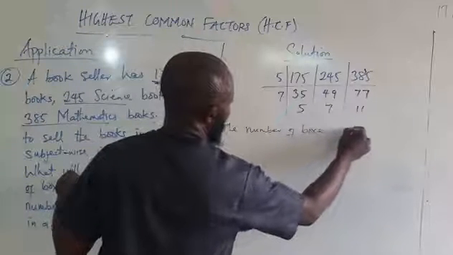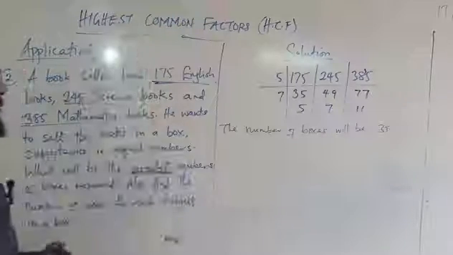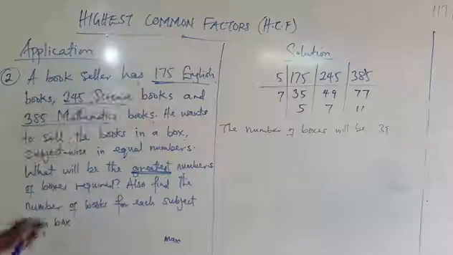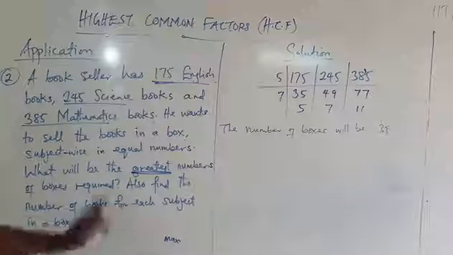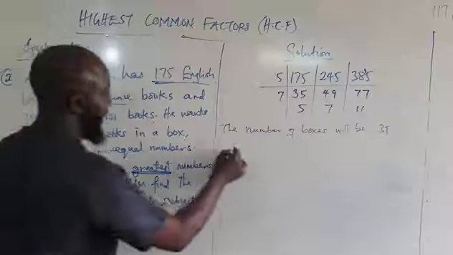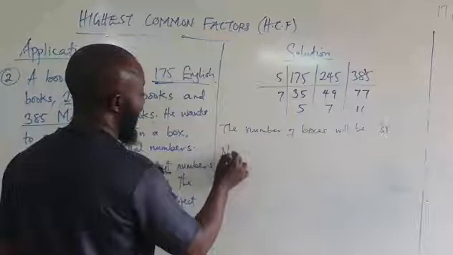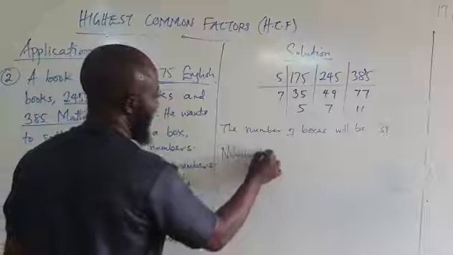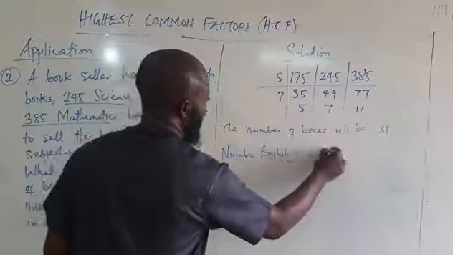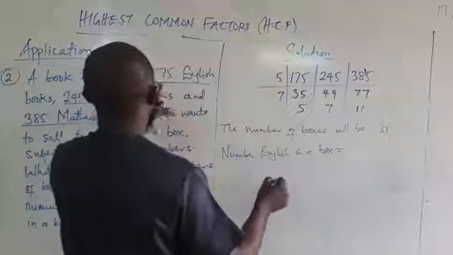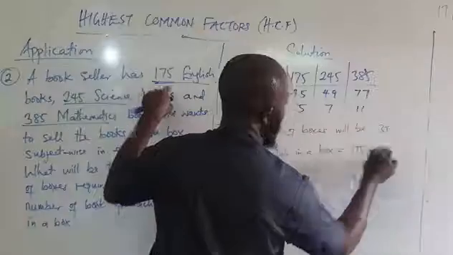So the number of boxes that we can have will be 35. If we have 35 boxes, how many English books? The question asks us also to find the number of books for each subject. So the number of English books in a box will be 175 divided by 35.